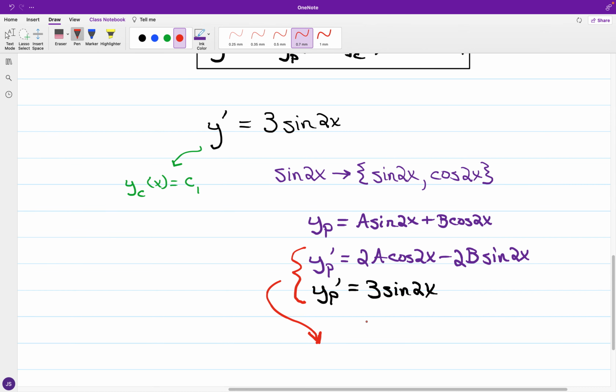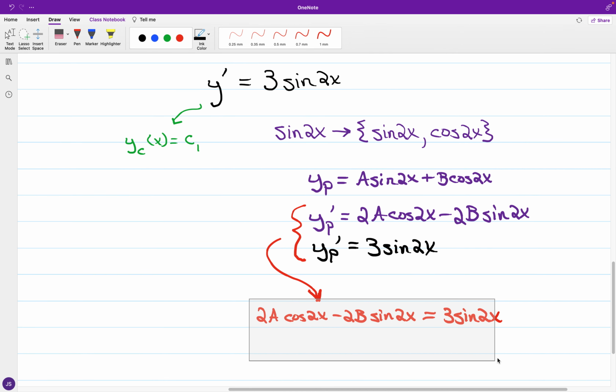So if I set these expressions equal to each other, we have 2a cosine of 2x minus 2b times the sine of 2x is equal to 3 times the sine of 2x. And I'm going to duplicate this equation.